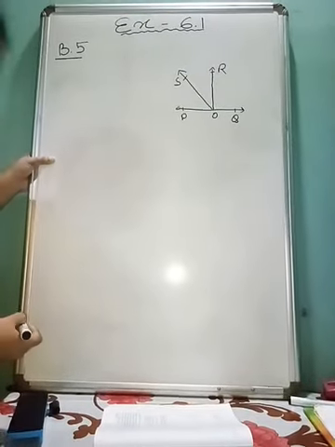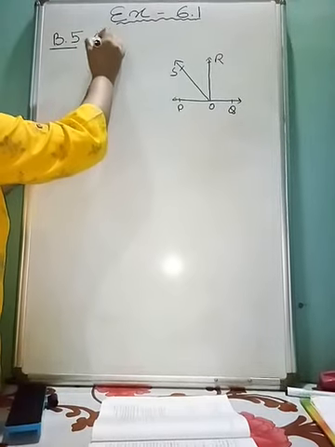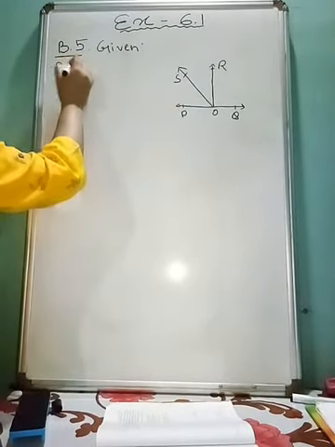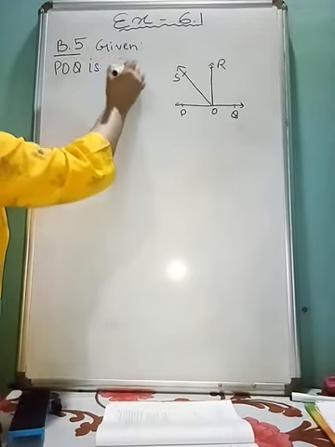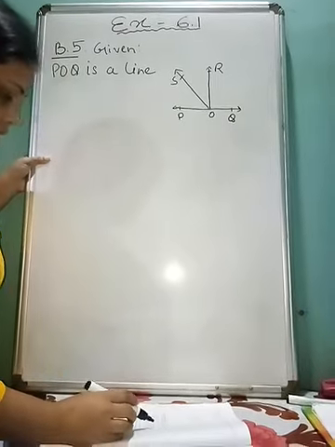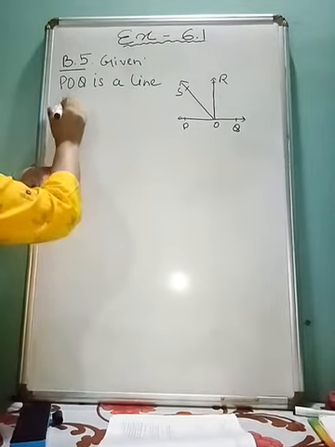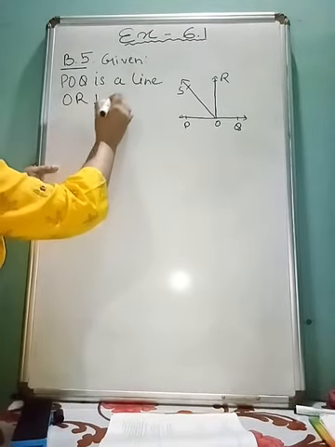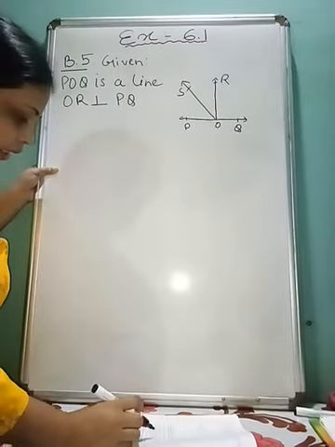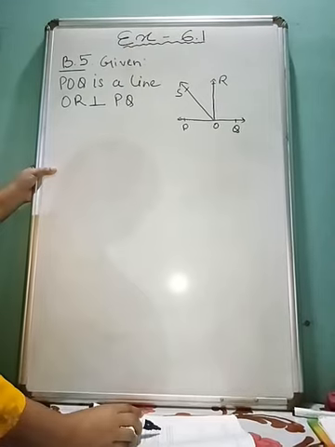So it is said POQ is a line. So what are the things given here? POQ is a line. Then it is said ray OR is perpendicular to line PQ. So OR is perpendicular to PQ. Then it is said OS is another ray between rays OP and OR.